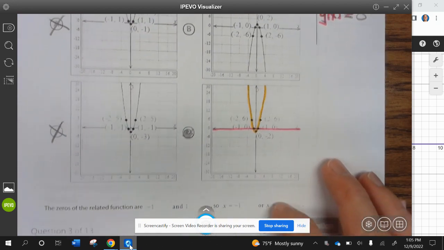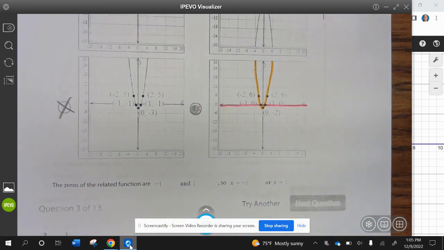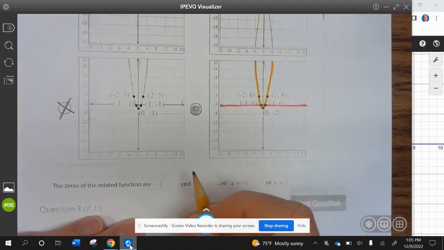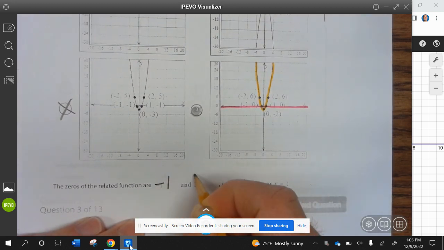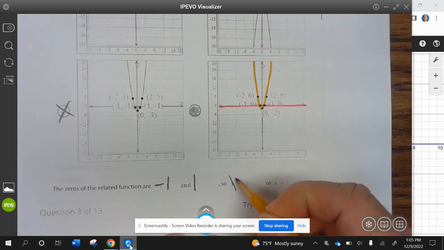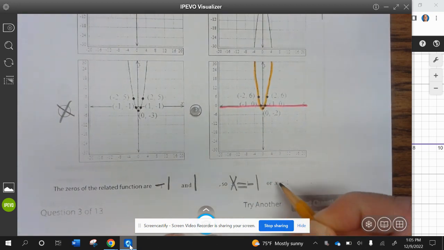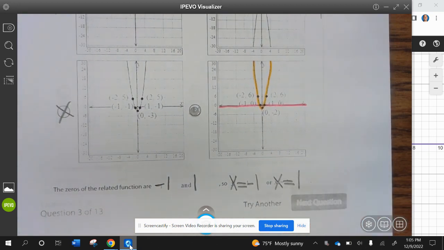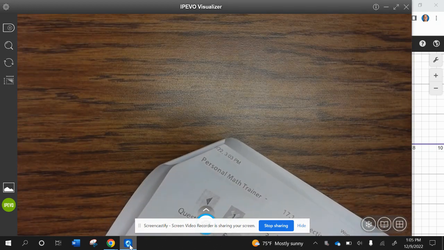All right. So the zeros of the related function are negative 1 and 1. So x equals negative 1 and x equals 1. All right, let's take a look at the next example.